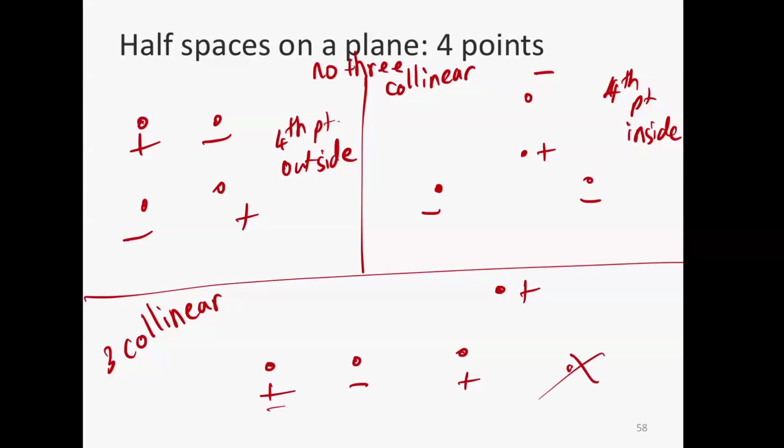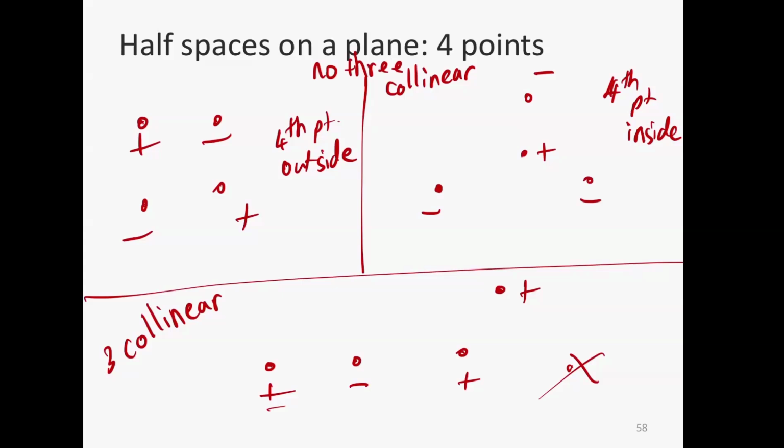If no three of them are on a line, then that means that some three of them form a triangle, right? If I pick three of them that form a triangle, the fourth point can either be inside the triangle, which is this case here, or the fourth point can be outside the triangle. If the fourth point is inside the triangle, I make the fourth point a plus and everything else a minus.